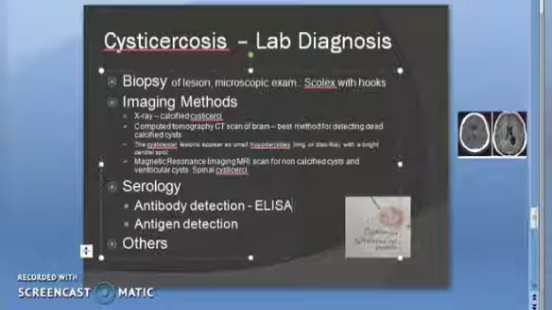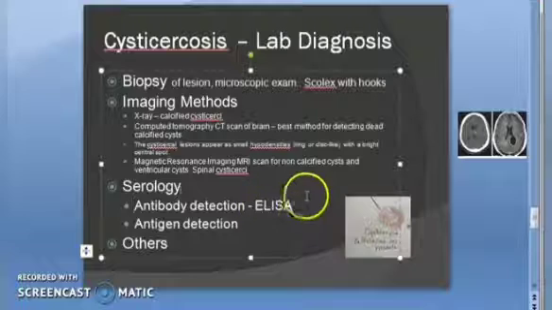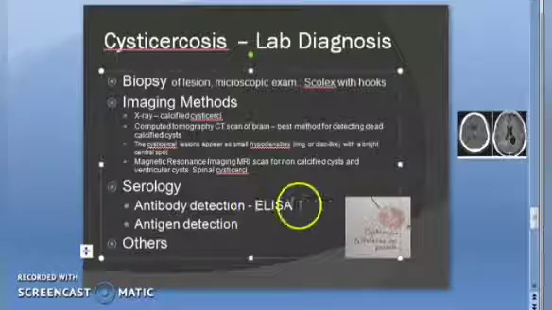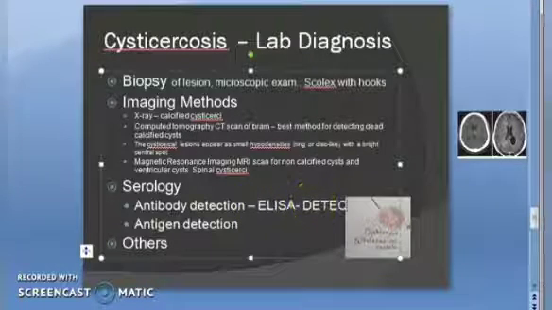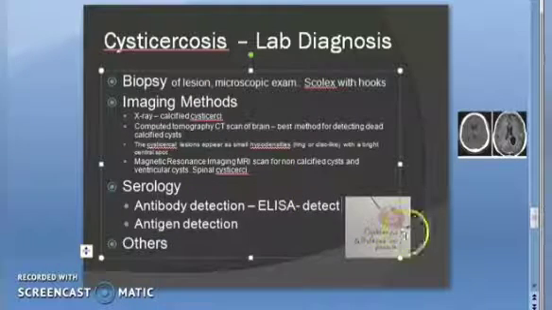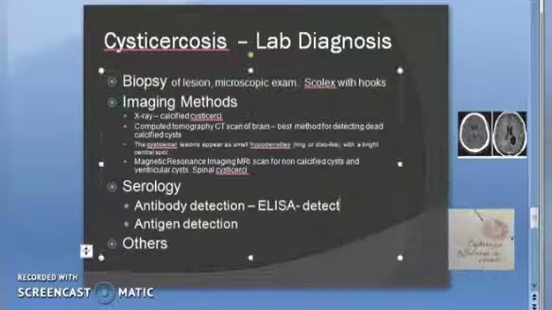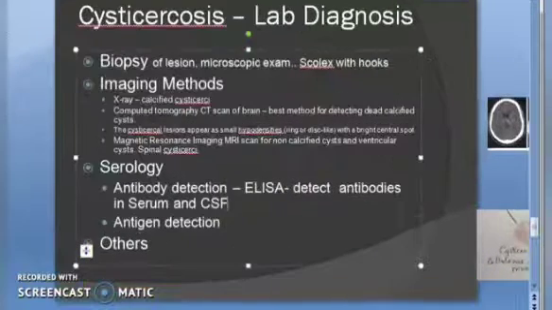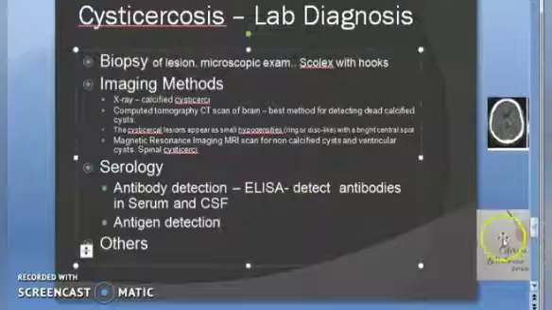So basically here you are going to detect the anti-cysticercus antibodies in serum and CSF.